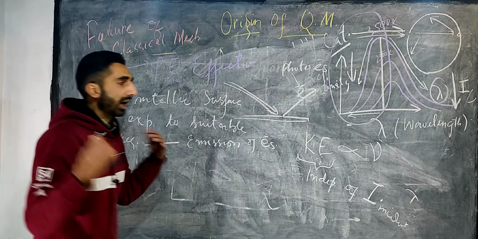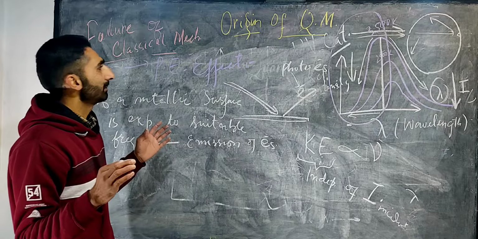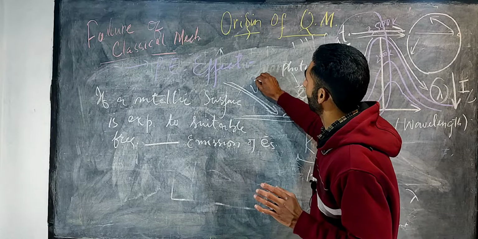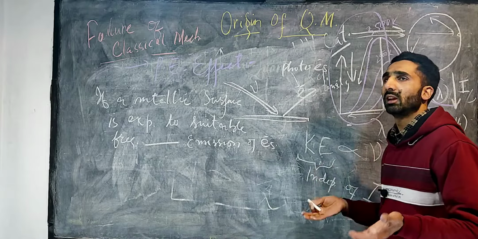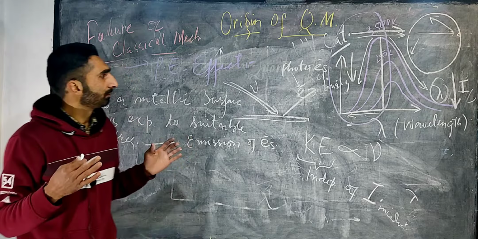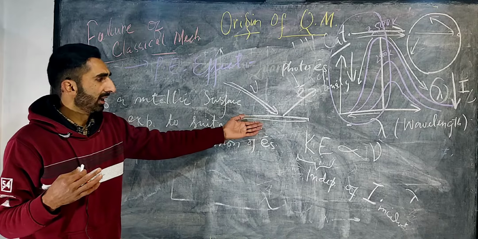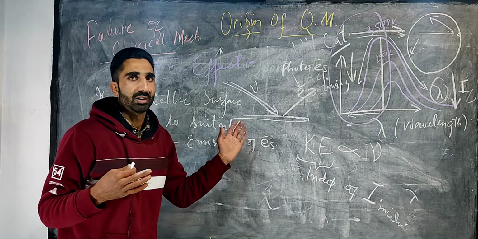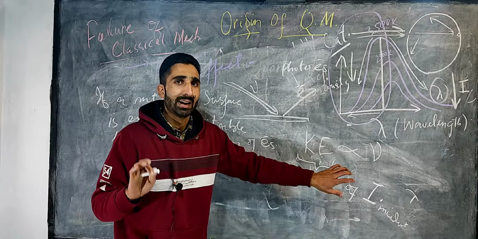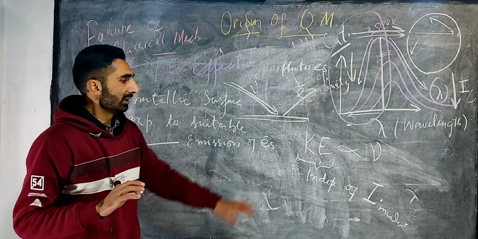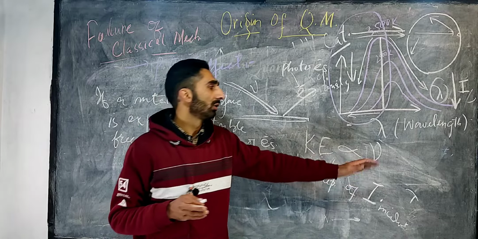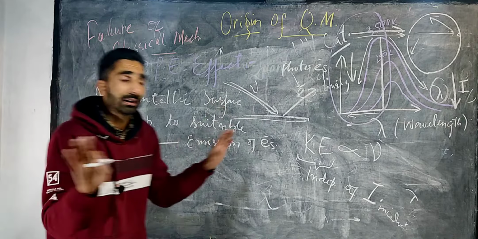That means it doesn't matter what the intensity of the incident light is, as long as it has a frequency higher than the threshold frequency, there will be an emission of electrons from the metallic surface, and those electrons will possess kinetic energy which is independent of the intensity of the incident light. This was the experimental data: the kinetic energy is only proportional to the frequency of the incident light, not the intensity.